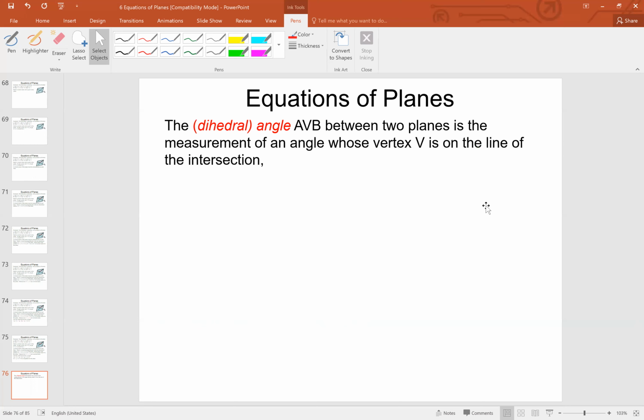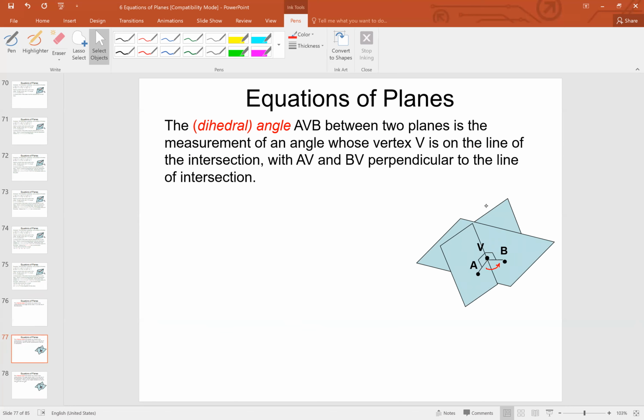Usually the smaller one is called the dihedral angle, and then there's a bigger one, the 180 complement of that. How do we figure out the dihedral angle? By the way, the dihedral angle is measured by finding a point V on the line of intersection, then finding a point B such that this is a right angle, and then finding a point A on the other plane such that this is also perpendicular.